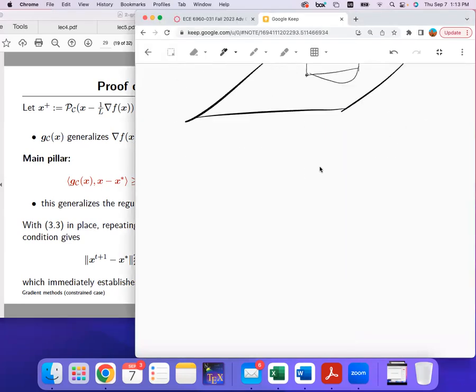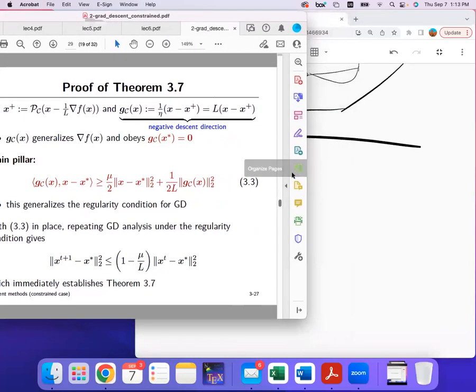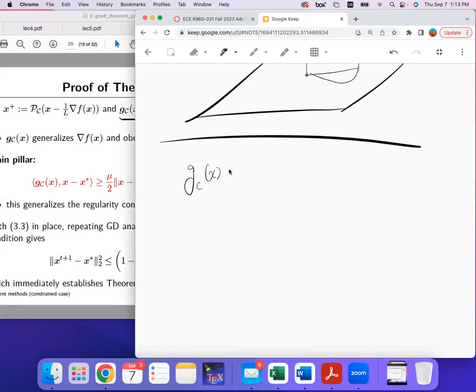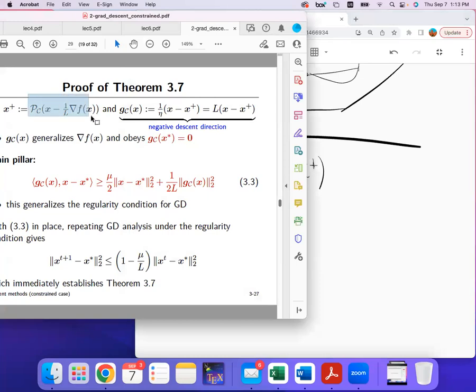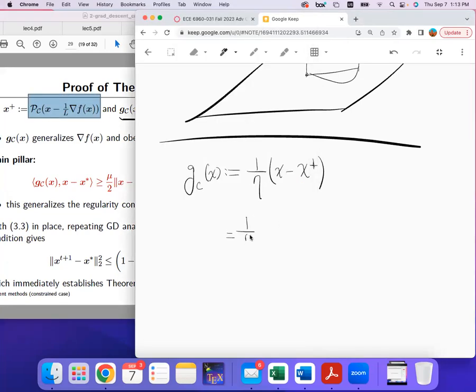Why do I want to do that? This is defined as this one, and you plug in the definition of x plus. This is the definition of x plus.